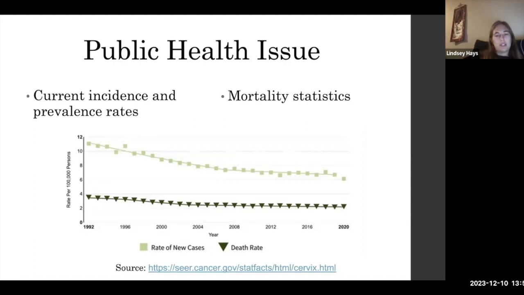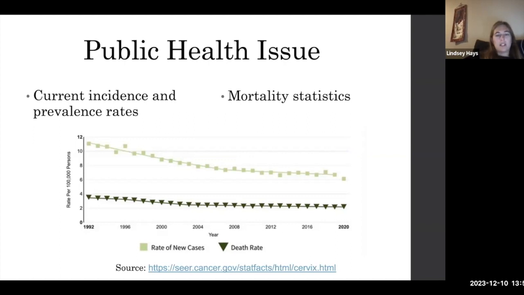The main one is a pap smear for those who are biologically female and go to their annual gynecology appointment. As for the mortality statistics of cervical cancer, over 4,000 biological females die from cervical cancer each year, which accounts for 0.7% of all cancer deaths.